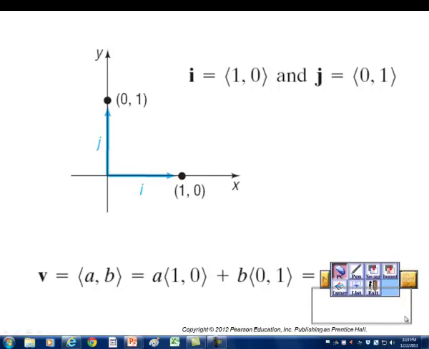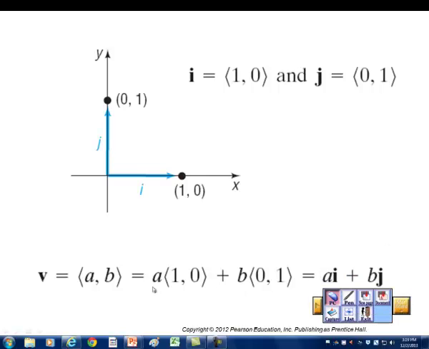So if you had 1, 0 for your first vector, and your second vector is 0, 1, then we can say that this would be 1i and 1j, if vector i is 1, 0 and vector j is 0, 1.